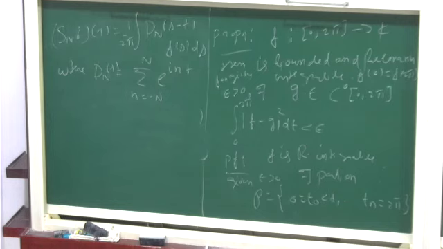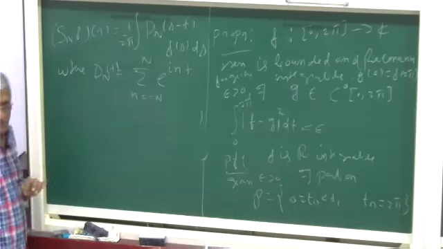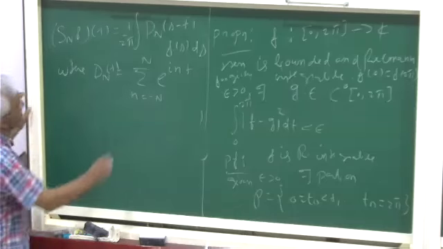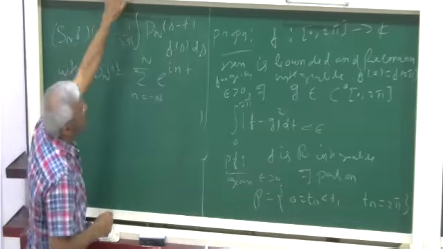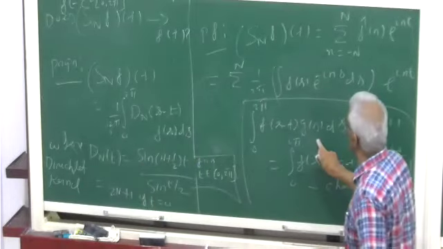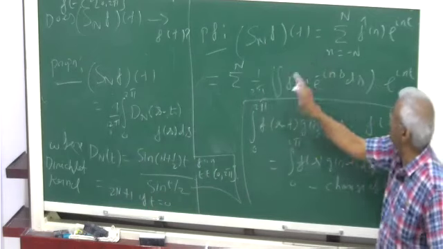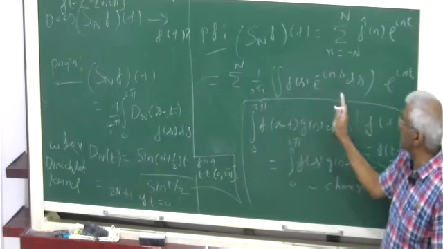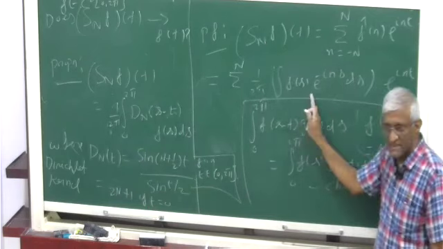That is the convolution product. You get a new function in t. That is convolution. If you have time, you will do that. Here we have the partial sum, which is equal to this. I take the summation inside.